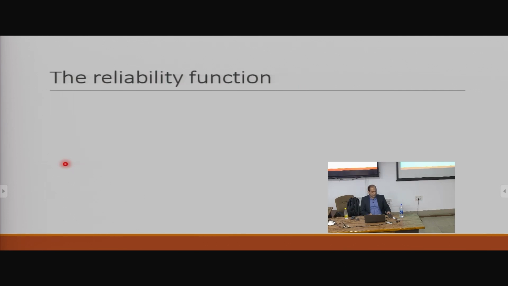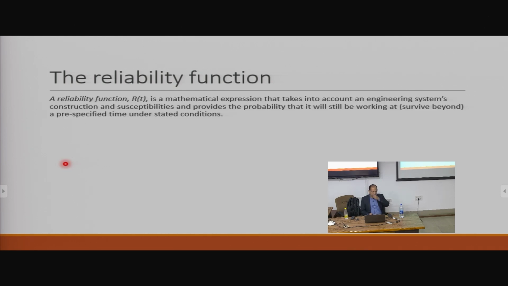Okay, so now we can talk about the reliability function. A reliability function is a mathematical expression that takes into account a system's construction and susceptibilities and provides the probability that it'll still be working at, or survive beyond, a pre-specified time under stated conditions, right? Even though it's not explicitly taken into account in some problems, in time-dependent reliability problems we do.